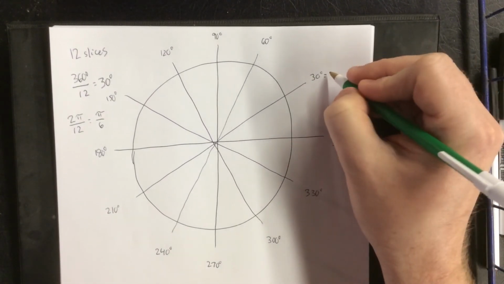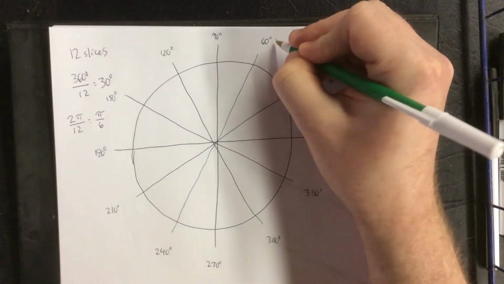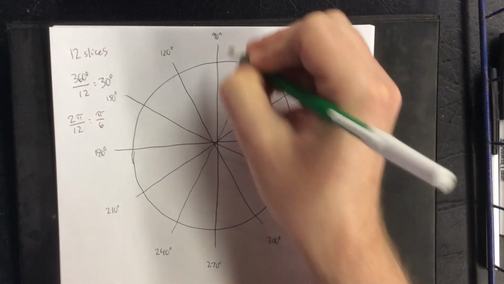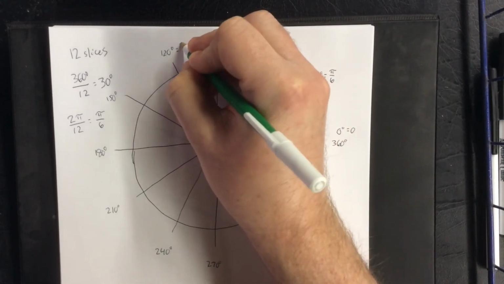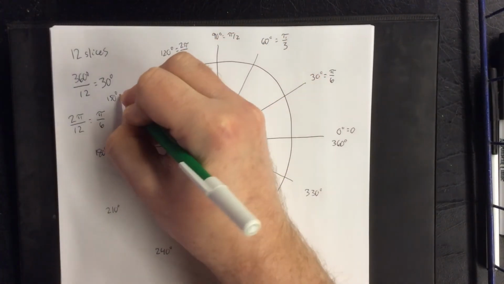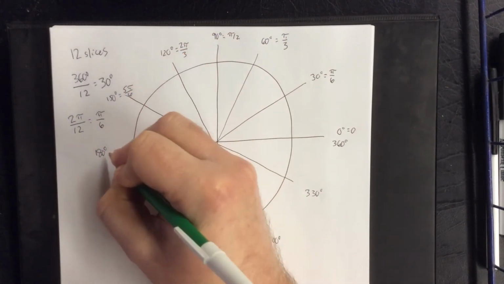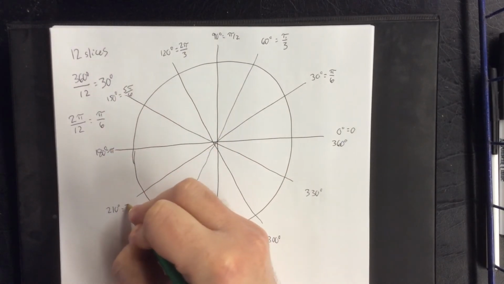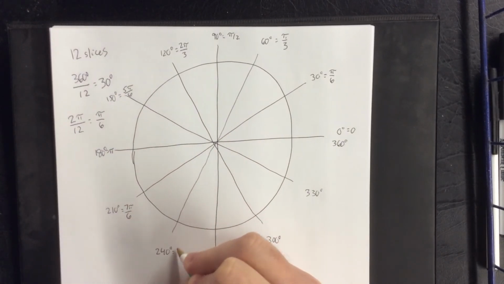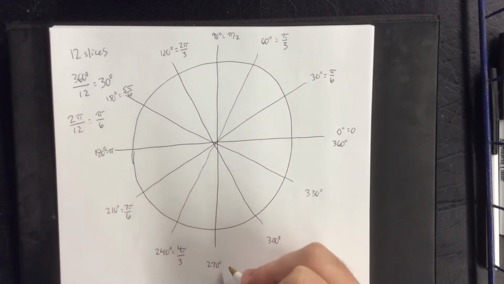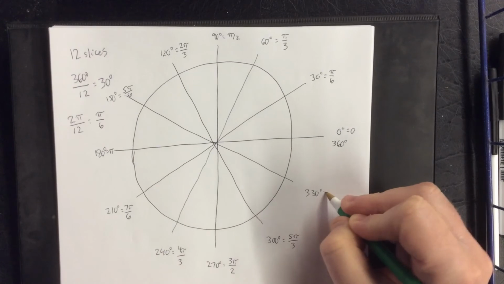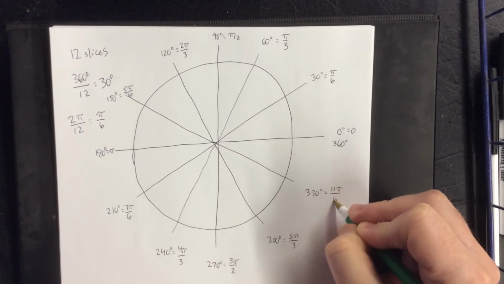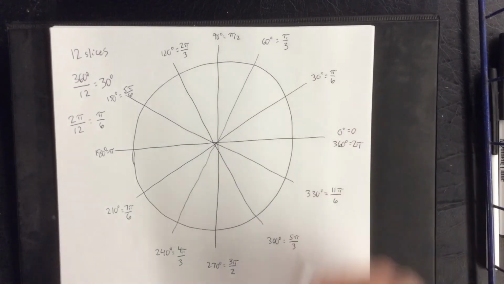So 0 radians, 1 pi over 6 radians, 2 pi over 6 radians, 3 pi over 6 radians, 4 pi over 6 radians, 5 pi over 6 radians, and 6 pi over 6 radians. 7 pi over 6 radians, 8 pi over 6 radians, 9 pi over 6 radians, 10 pi over 6 radians, 11 pi over 6 radians, and 12 pi over 6 radians.